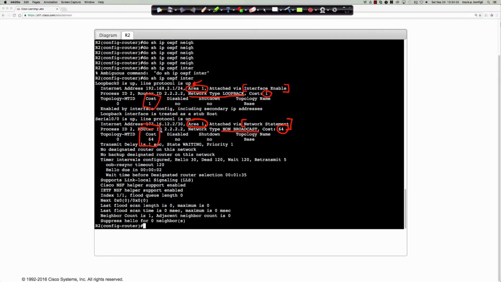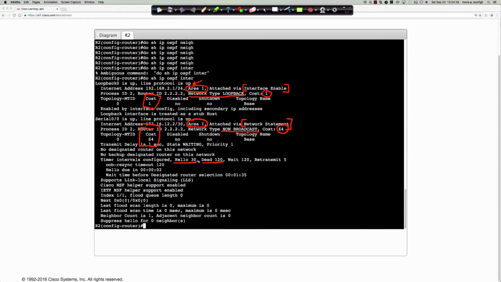Now, when we go to configure a broadcast segment, like an Ethernet segment, it's different. You can see here the hello interval, because it is a non-broadcast NBMA network, the hello interval is going to be 30, and the dead interval is going to be 120.